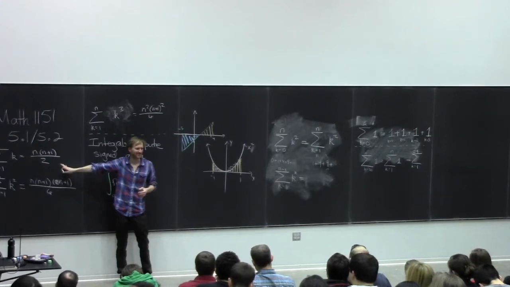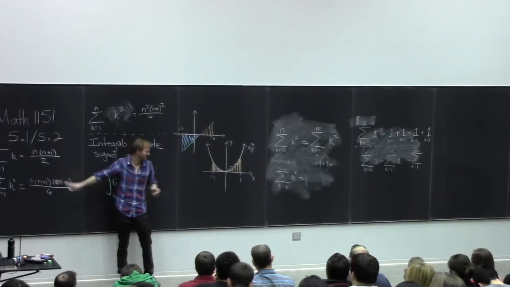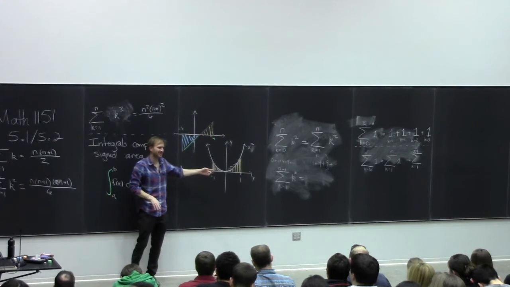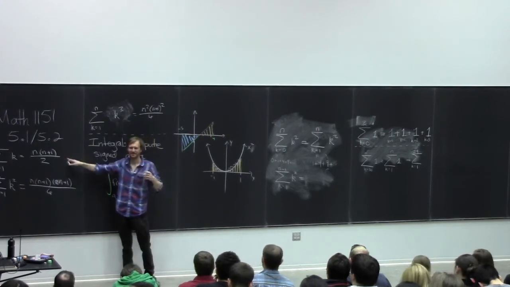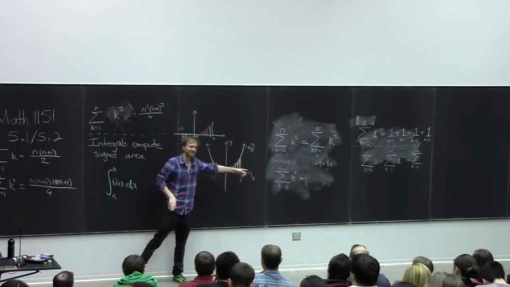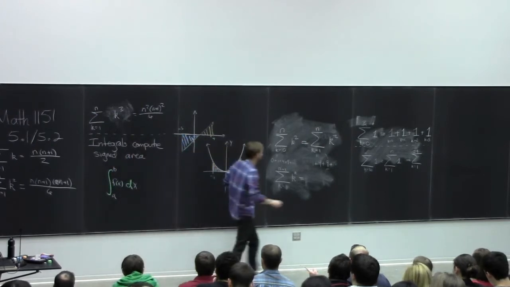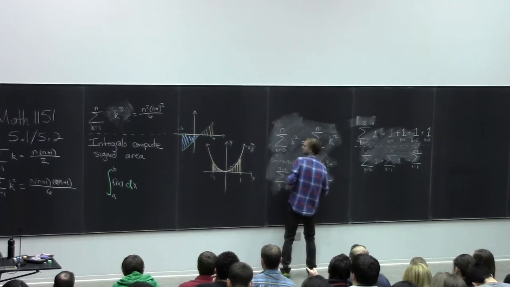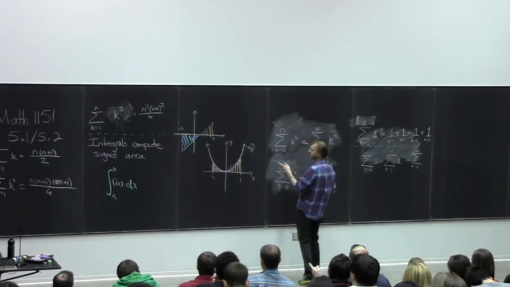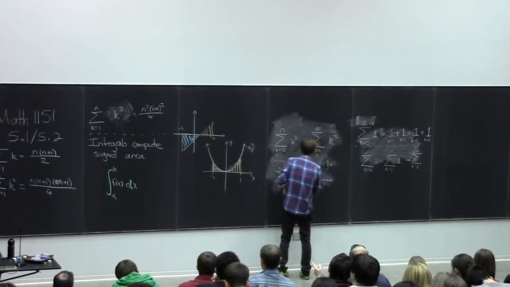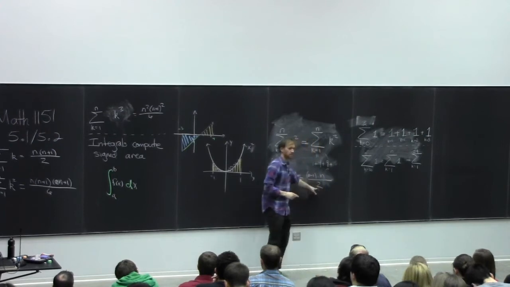So what's the answer to this? Here's the formula. It is going to be n times n minus 1 over 2, but I'm going to write it as n minus 1 times n.